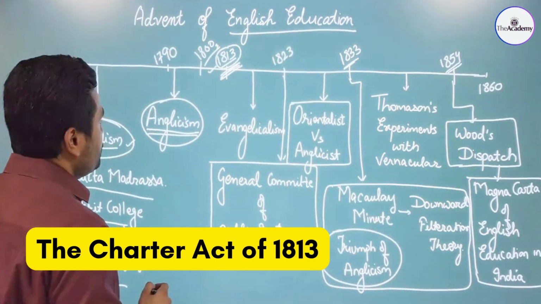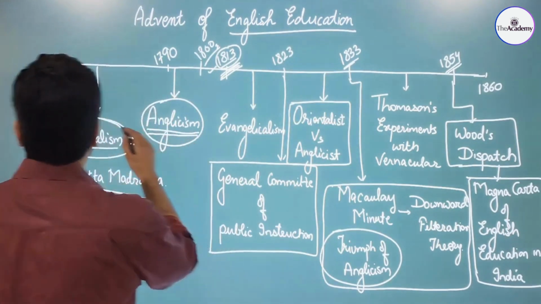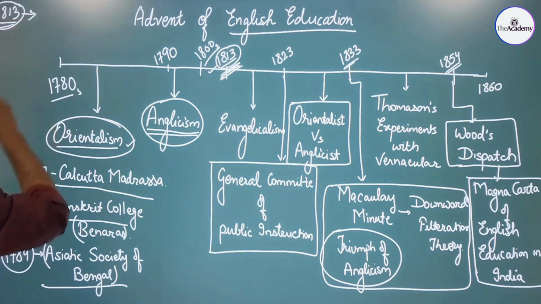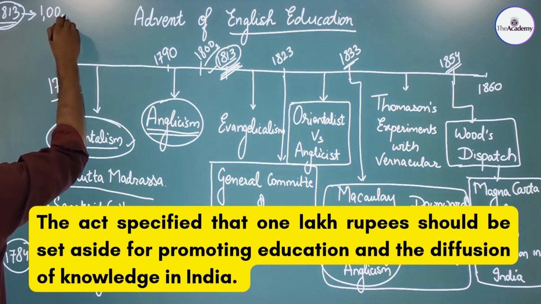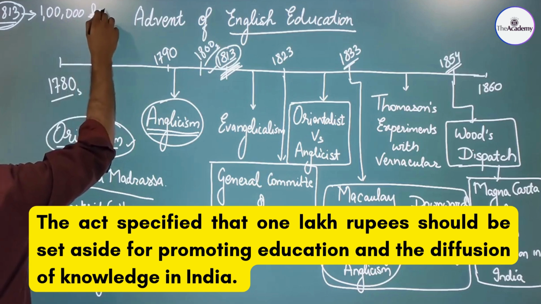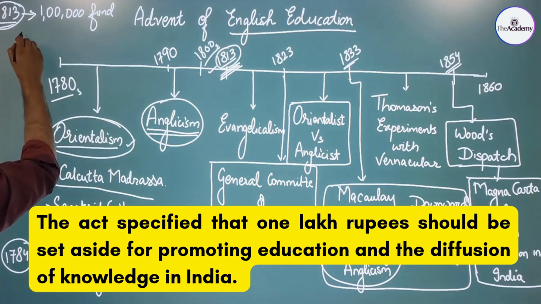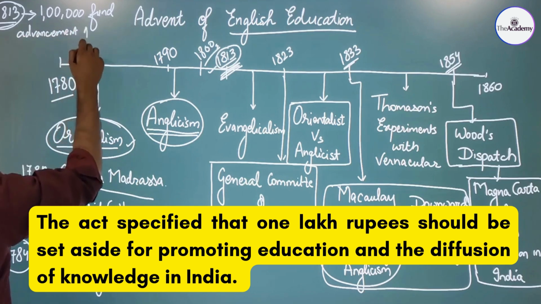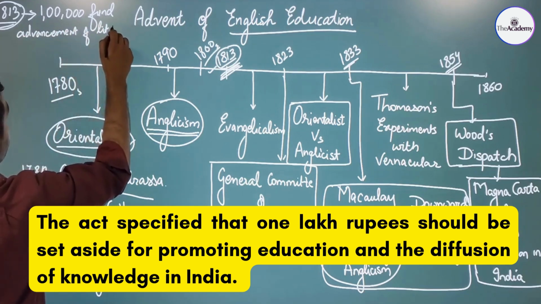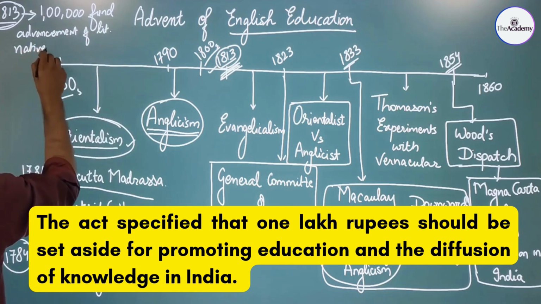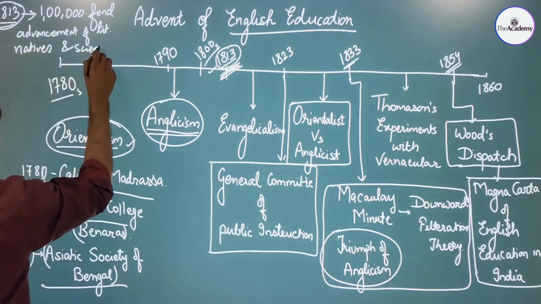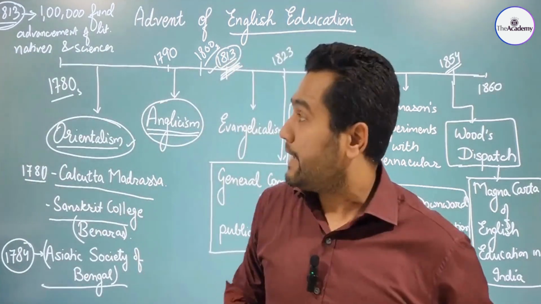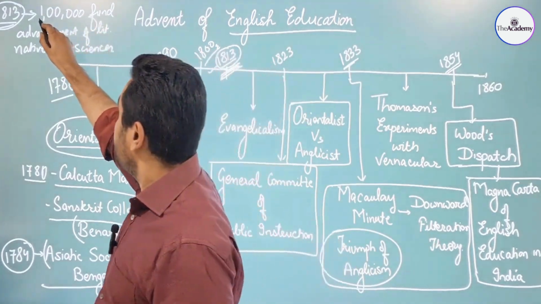The clause stated that a 1 lakh rupee fund would be set aside for the advancement of literature, learned natives and sciences. So the Charter Act of 1813, for the first time, had this clause of a certain fund to be set aside.